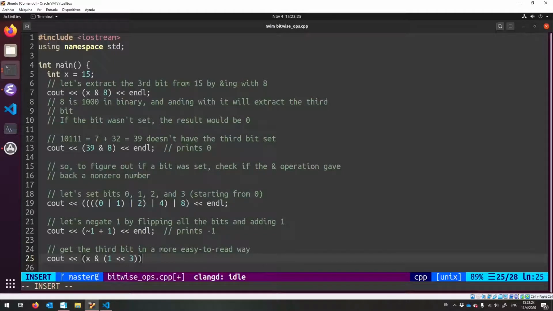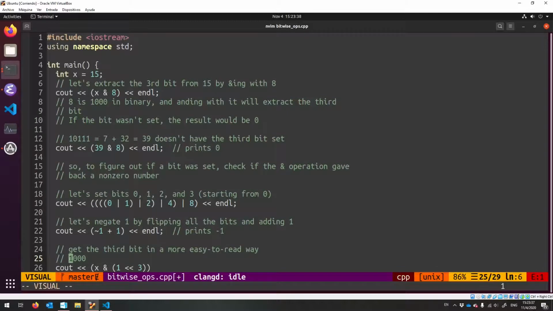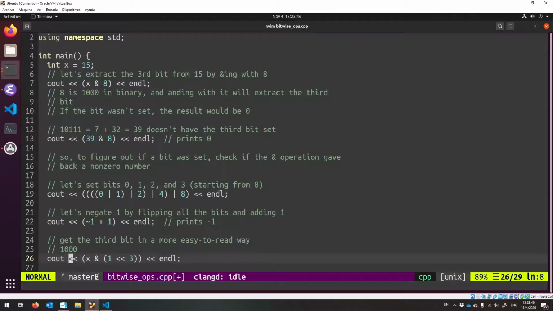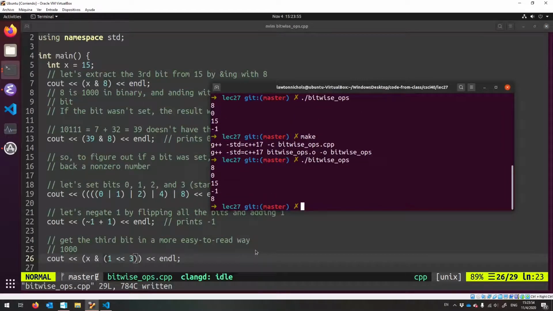It's going to shift 1, which is just 1, and then we're going to add 3 zeros to the end of that, because we're shifting left 3 times. Now suddenly I got this in the right position. Now it's 8. That's a lot cleaner, and most programmers use this. Instead of thinking what number this should possibly be, they just use the shift operator. And so we'll get back 8 again.